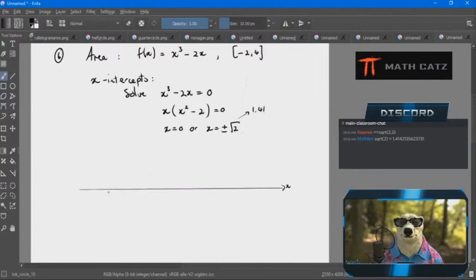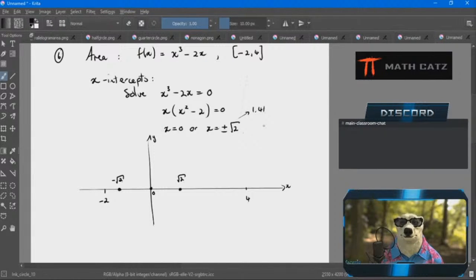Now I'm going to go negative 2 to 4. I don't know what my graph does. All I know is there is a crossing at 0. There's a crossing at negative root 2, which is negative 1.4, which still falls in here. And there's a crossing potentially at root 2. Now, I don't care what it looks like.